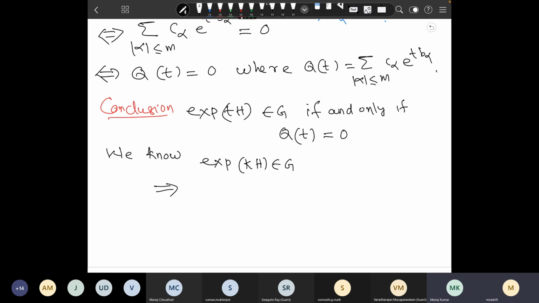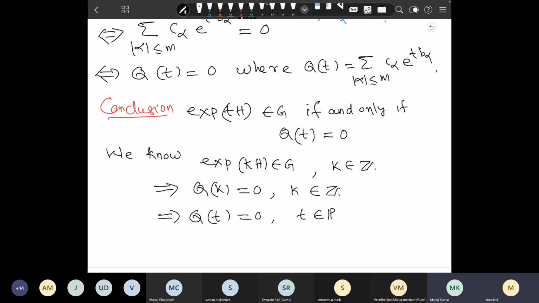That implies Qk is equal to 0 for k belonging to Z. This will imply that Qt is equal to 0 for t belonging to R, by the previous lemma. That implies exponential of th belongs to G, and this is what I wanted to prove.